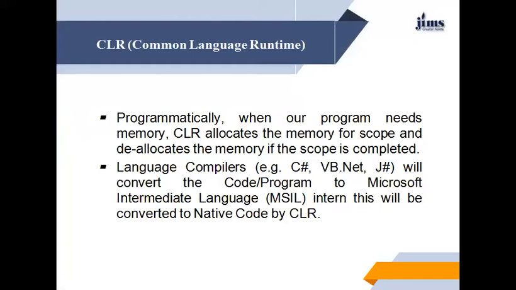These languages' compilers will convert this source code into the intermediate language, or Microsoft Intermediate Language code. In turn, this will be converted to native code by the CLR. So first of all, the language compiler will convert the code into MSIL, and the CLR converts this MSIL into native code.